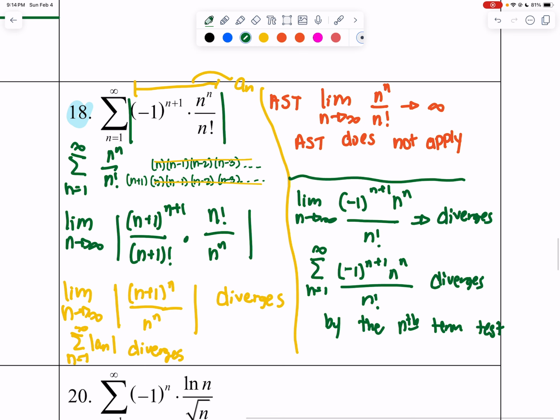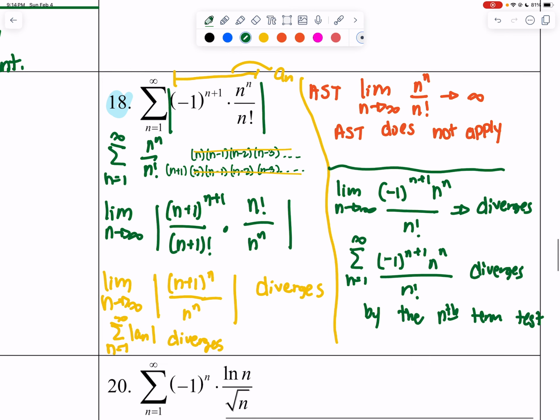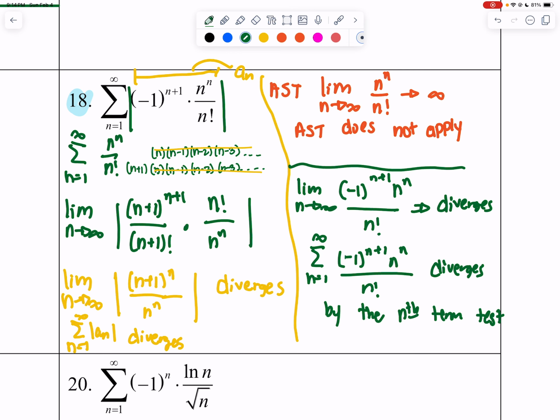All of that for the nth term test. Crazy. We should have started with that. But obviously, because we had an alternating sign, I would encourage you to probably work with this first before doing the nth term test.